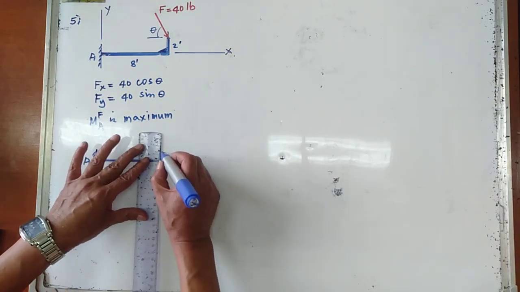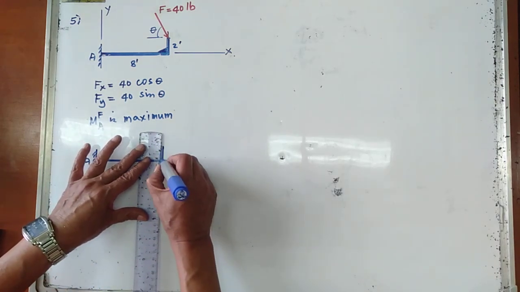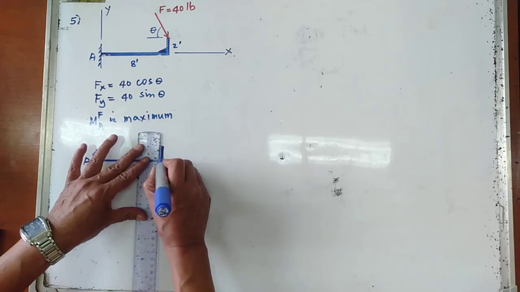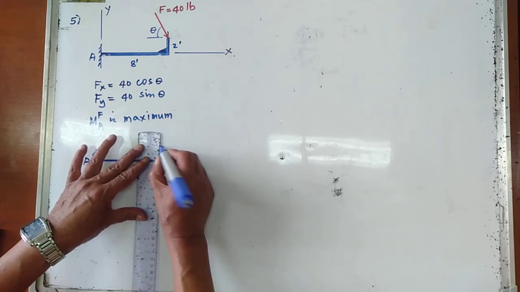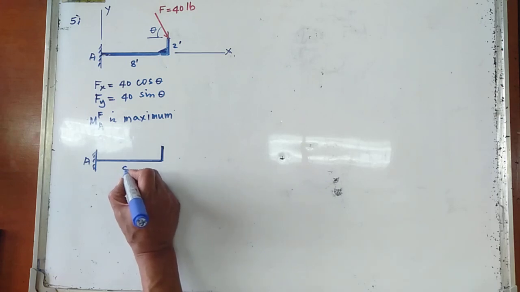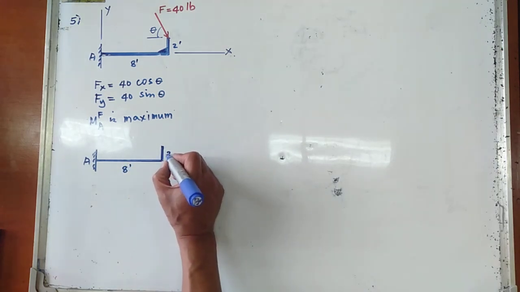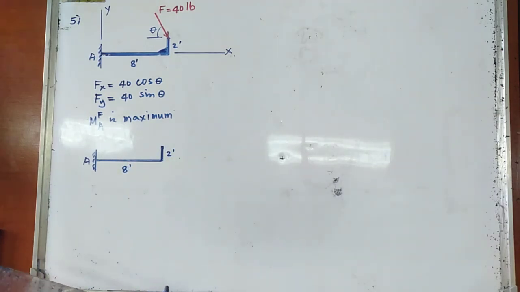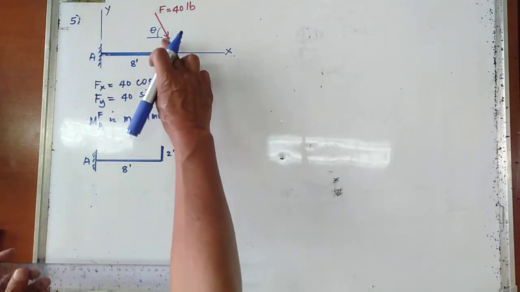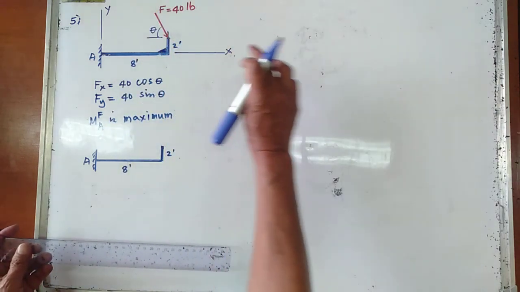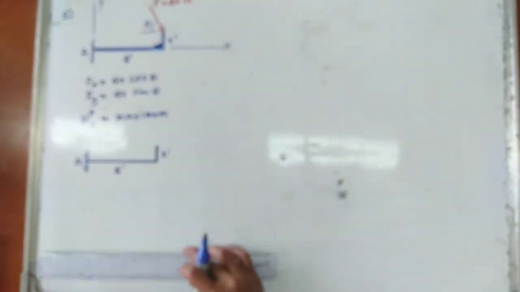So this is 8 feet, and this one is 2 feet. So the x component is down to the right. We have Fx going to the right.